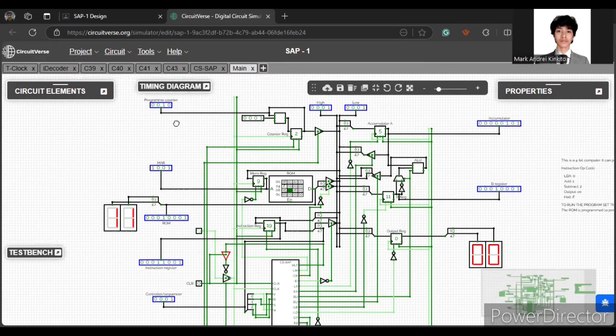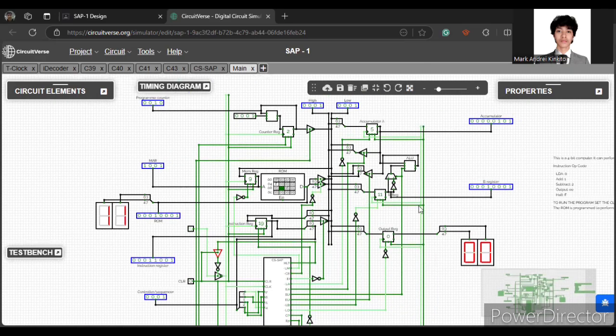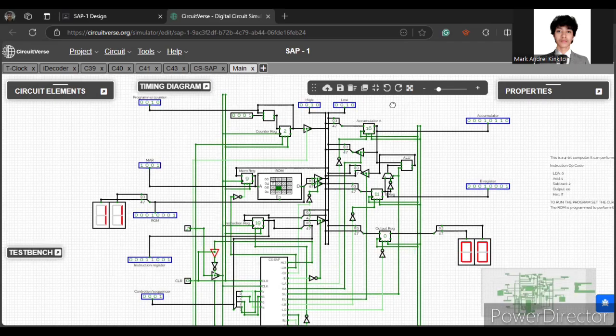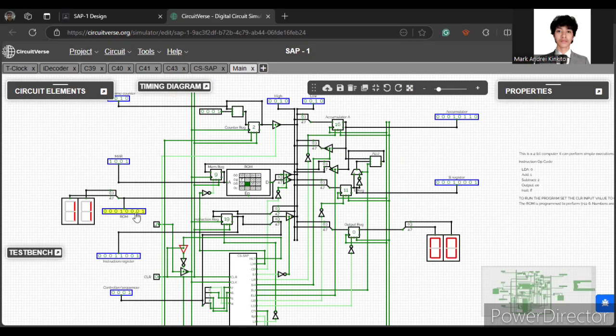Then let's solve it. So 5 plus 11, it will store the sum here in accumulator A. So let's go. You can see it added into 16. You can see the ROM is 10001, 10011.